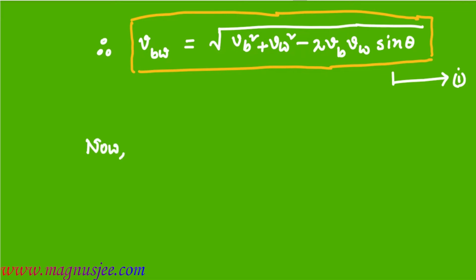Now VBW acts at an angle phi with VW. Hence, what will be the expression of tan phi? We can draw the parallelogram again.